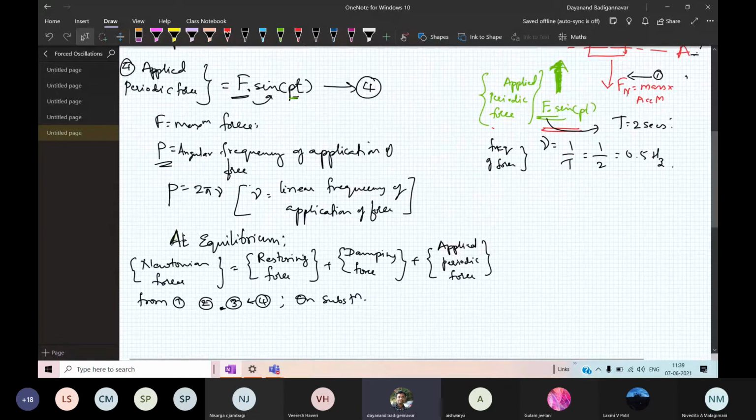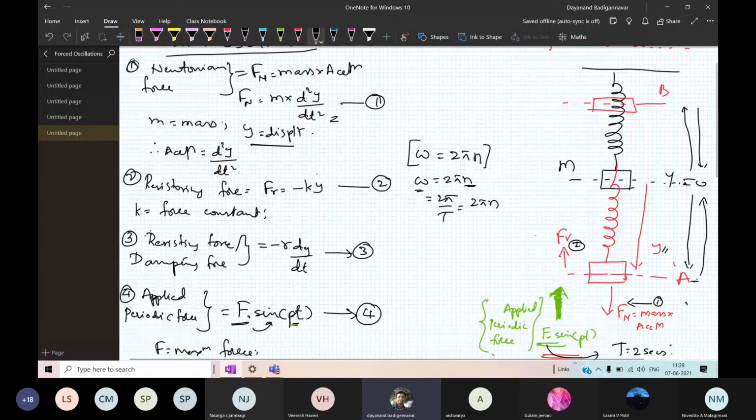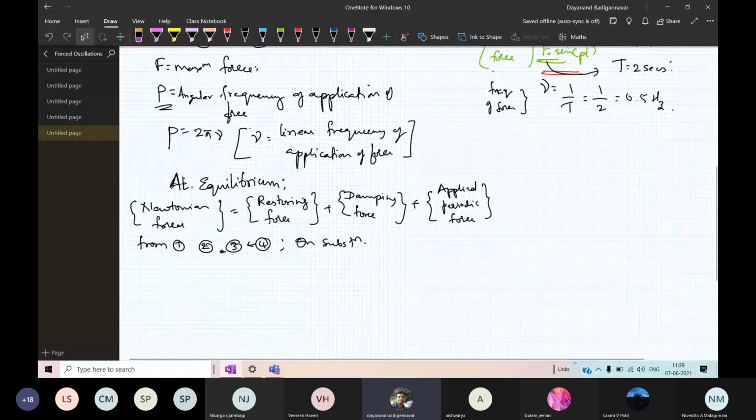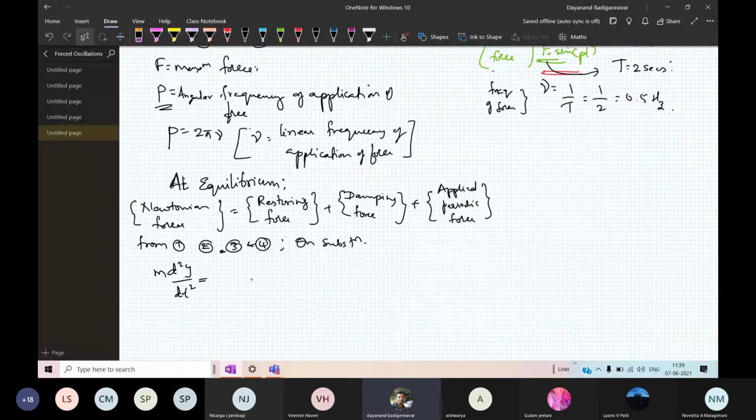Look at equation 1: Fn equal to mass into acceleration. So first, the Newtonian force is m into d2y by dt square, equal to the restoring force, which is minus k into y, plus the damping force.